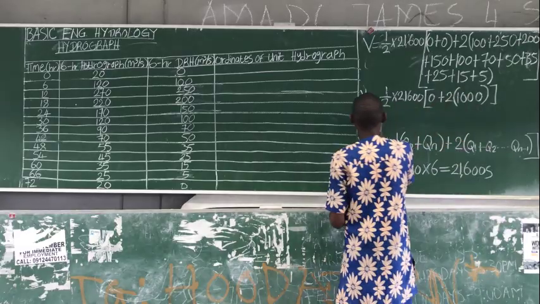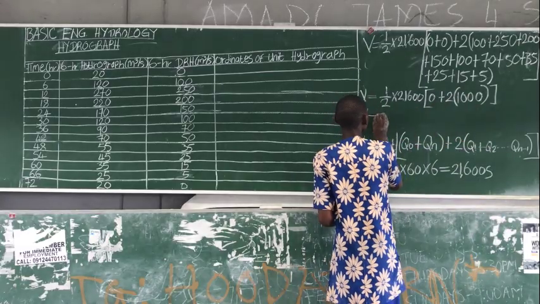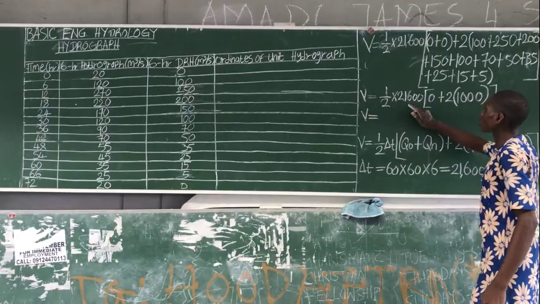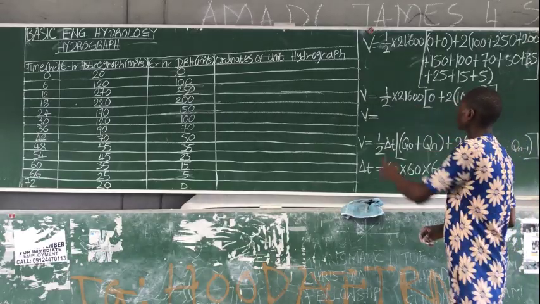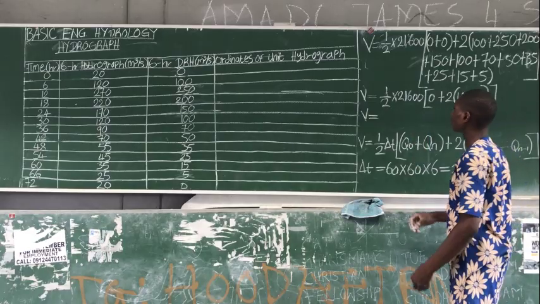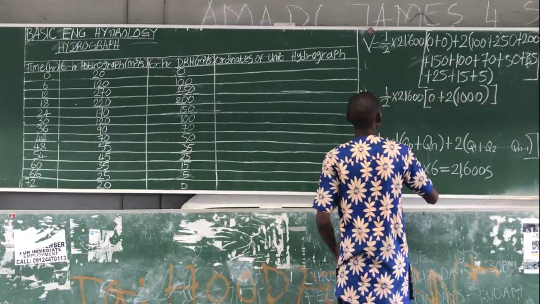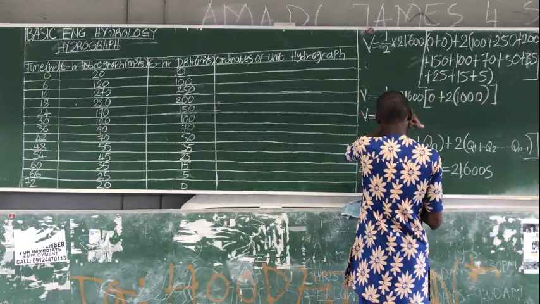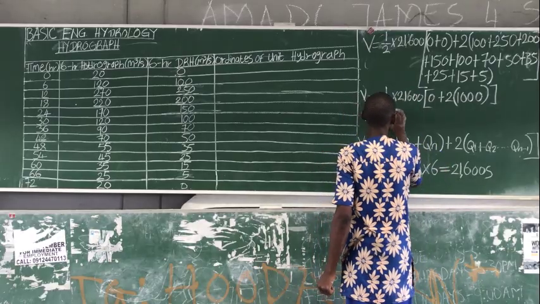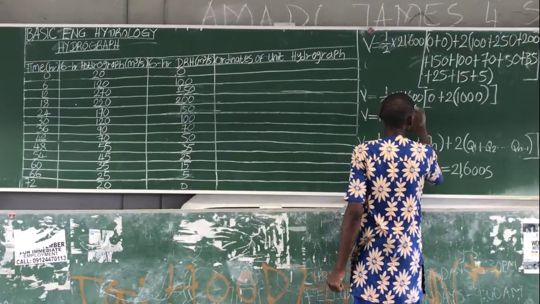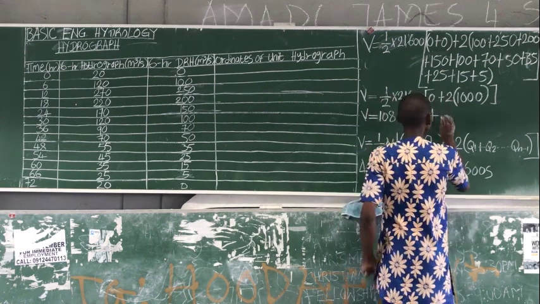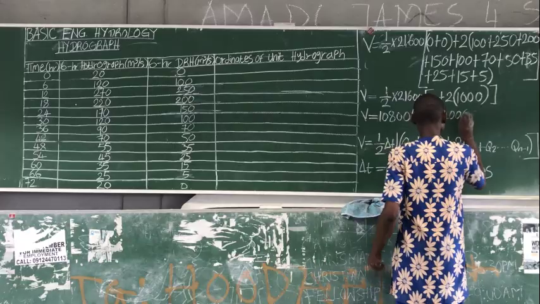Okay, so computing everything together, half of 21,600 is 10,800, into 0 plus 2 times 1,000, which is 2,000.